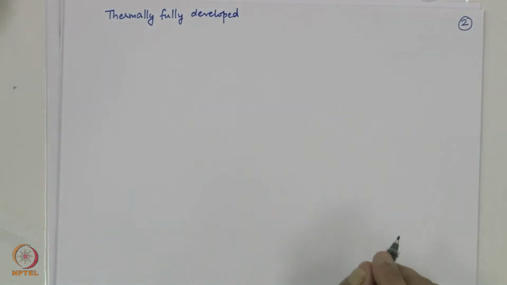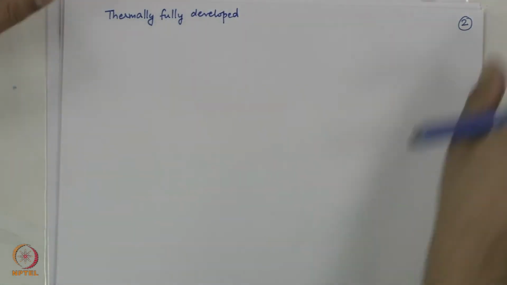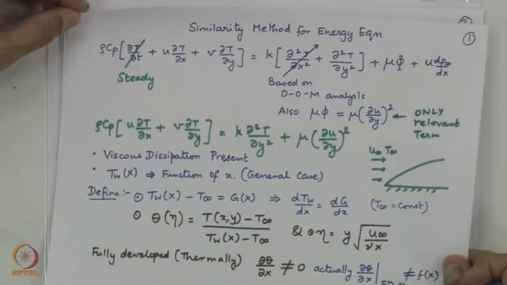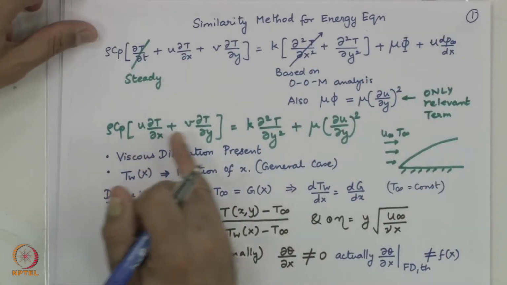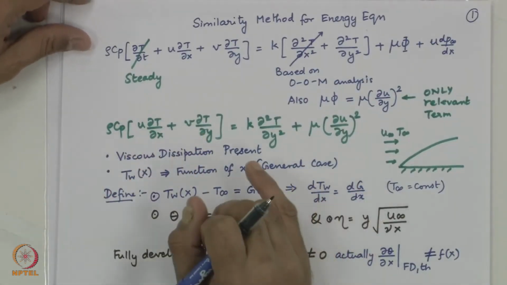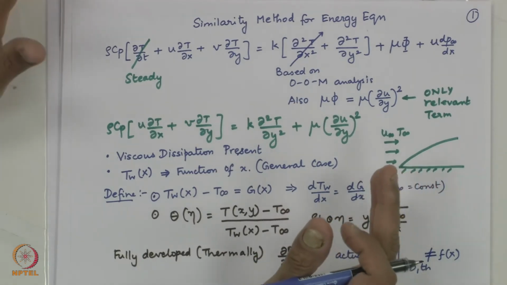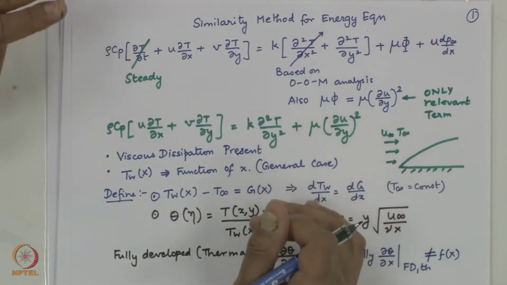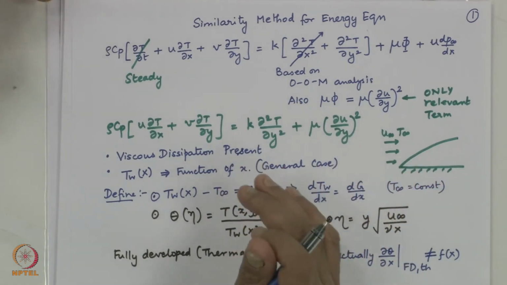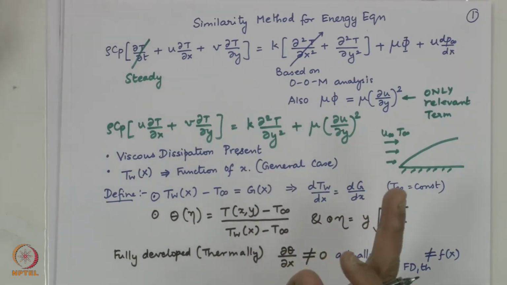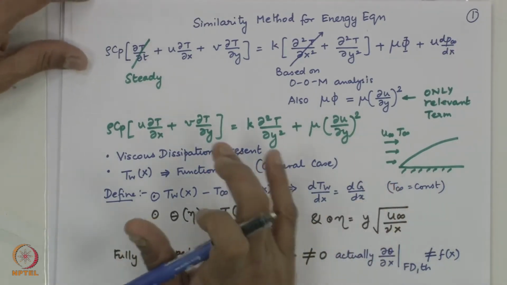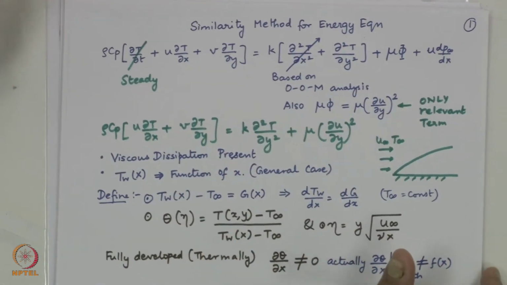Okay. Now, we have to write what is the aim of the similarity method. So, you have u, v, t, all of these as functions of x comma y. Just as we did in the momentum equation, we will transform this u and v to some function f, f double prime, and so on and so forth, and this t is now going to be transformed in terms of the variable theta.